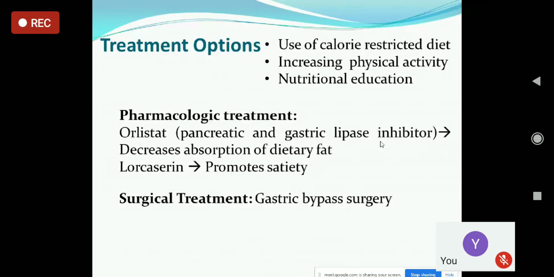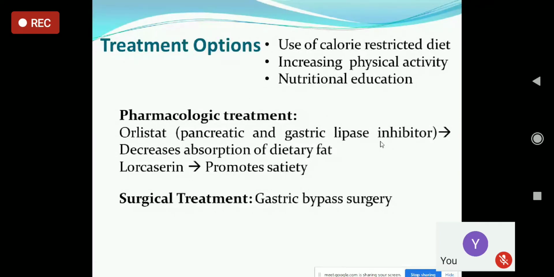And the drug lorcaserin promotes satiety. If even the pharmacologic treatment does not work and the person is extremely obese, you can also go for surgical treatment like gastric bypass surgery. So these are all the treatment options for obesity.